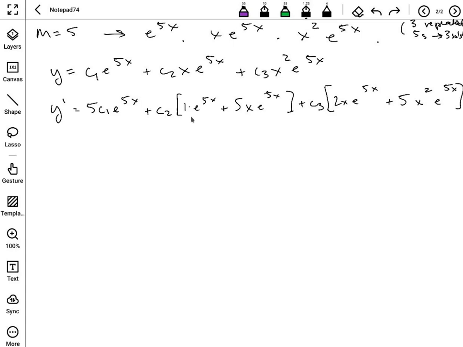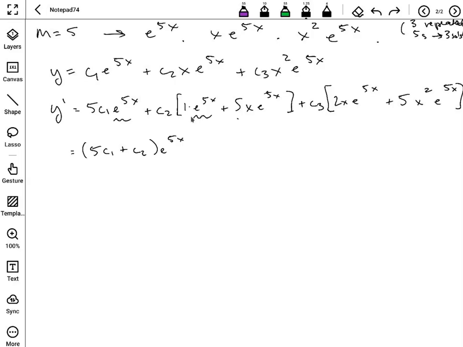You could go ahead and continue from here and take derivatives, but I like to group like terms so that I don't have to take as many derivatives. So I have these standalone e to 5x terms, so I combine them.